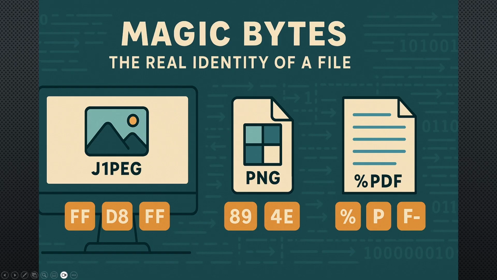By comparing the magic bytes with the declared MIME type and file extension, the server can more accurately verify the true nature of the file and defend against spoofing attacks. A robust file upload implementation should always validate file extension, MIME type, and magic bytes.